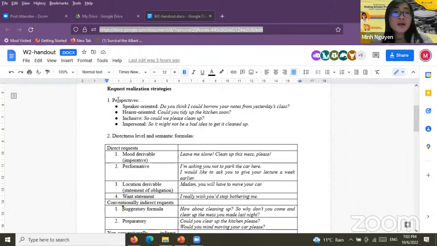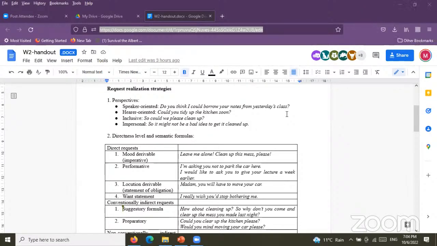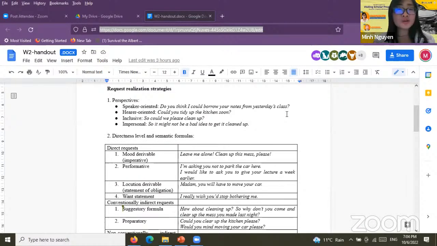In terms of request perspective, in English we have 4 kinds of perspective. Speaker-oriented perspective, for example, "Do you think I could borrow your notes from yesterday's class?" So asking to borrow someone's notes. So "do you think I could borrow" instead of "can you lend me?" "Can you lend me" is hearer-oriented, but speaker-oriented is "do you think I could borrow?"